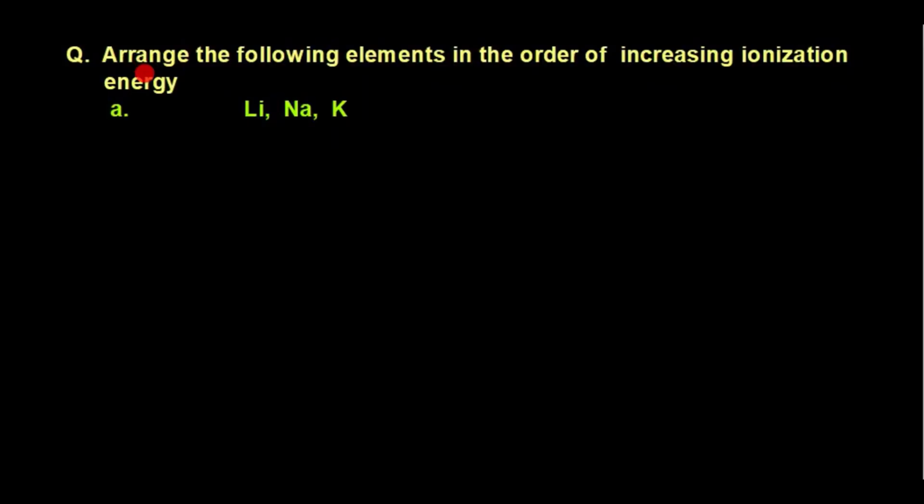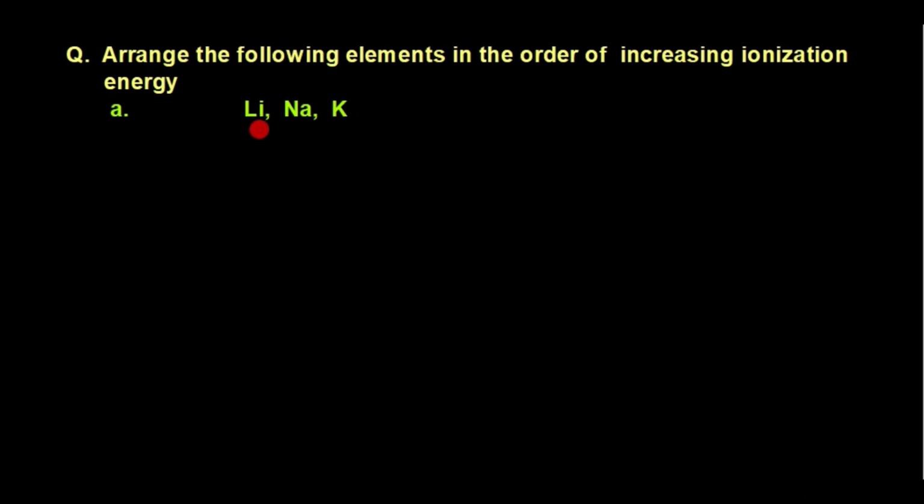The next question which is given: arrange the following elements in the order of increasing ionization energy. In part A we are given 3 elements, lithium, sodium, potassium. We know these are the members of group first of the periodic table, that is alkali metals. We know ionization energy values decrease as we move from top to bottom in any group of the periodic table.